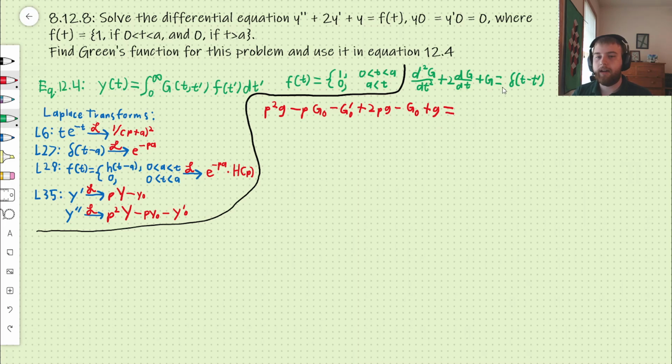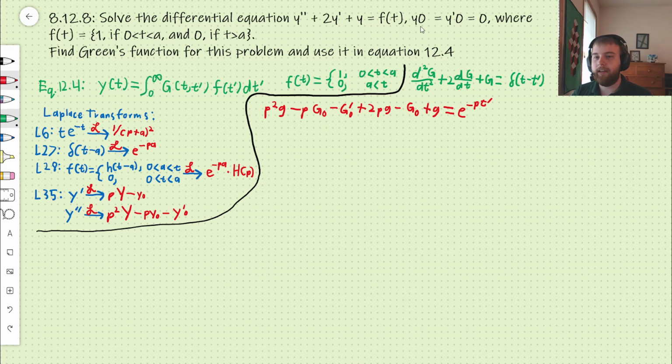And the Laplace transform of our delta function is L27, and so that gives us e to the negative p. Keep in mind our a in the table is actually our t prime. So t prime. Okay.